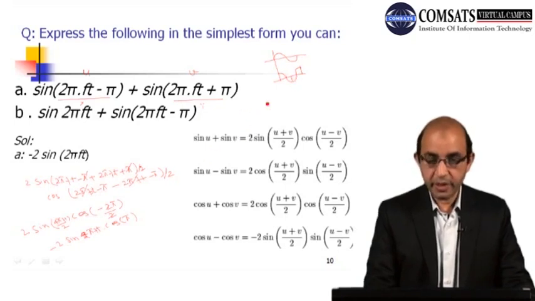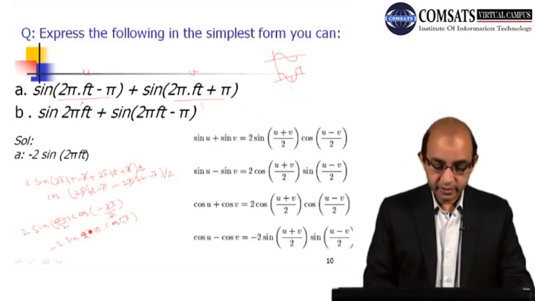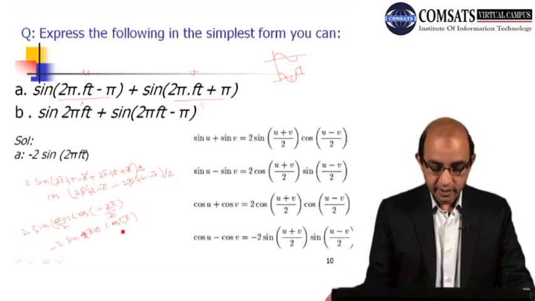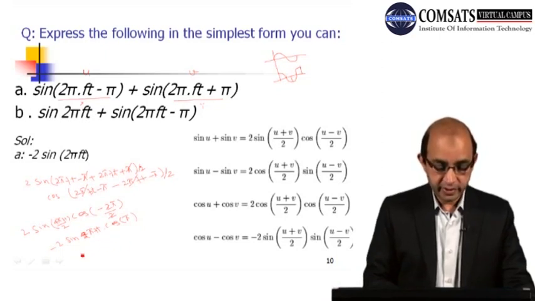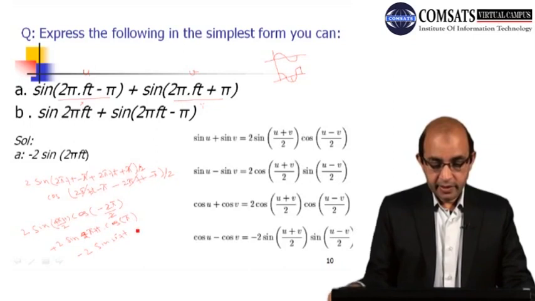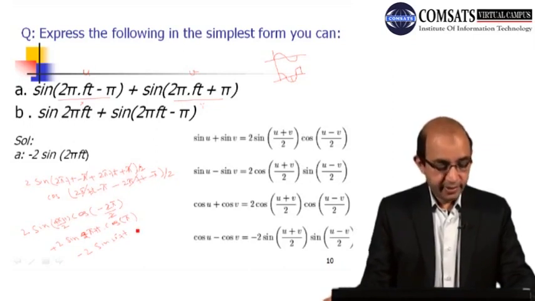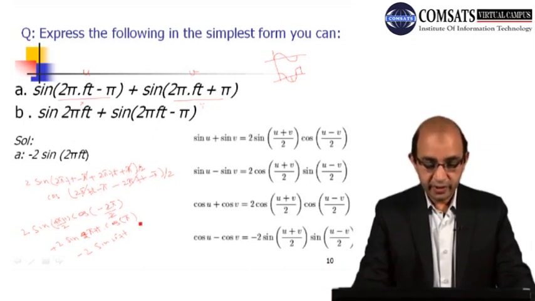So at pi, cos is maximum, but on the negative side, so that's why we have a negative sign over here. So we will be having minus 2. So here plus, because we have not solved it, 2 sine 2 pi f t. So that is the simplest representation we can have.